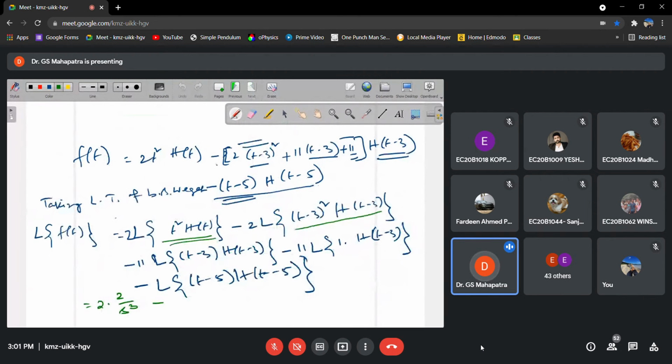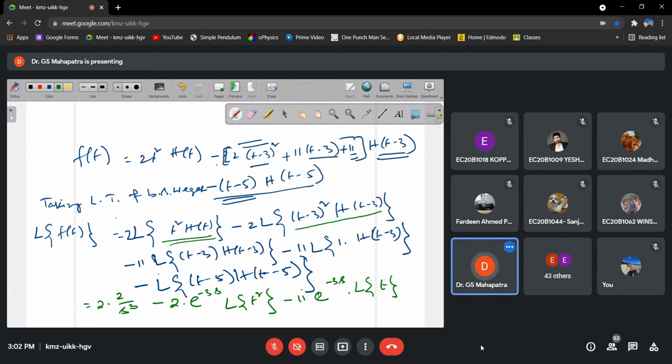So what is the answer? 2 into, I will write here, e power minus 3s into Laplace transform of, correct, yes, 2 by s cube minus 11 e to the power minus 3s into Laplace transform of what?